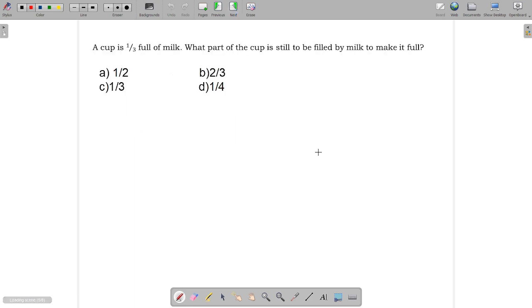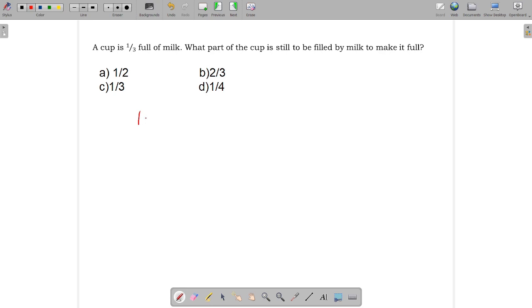Let's have another question. A cup is 1 by 3 full of milk. What part of the cup is still to be filled by milk to make it full? So, total is 1.